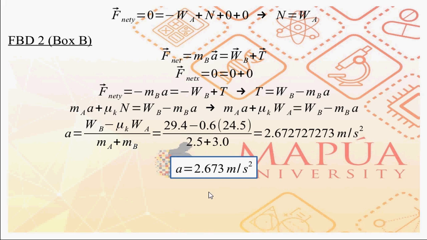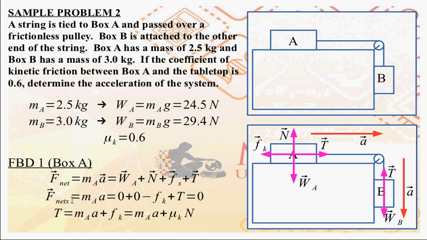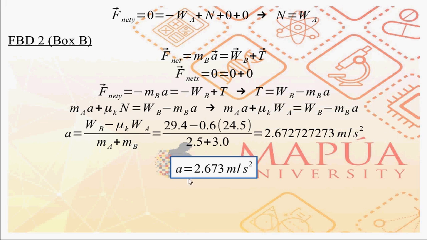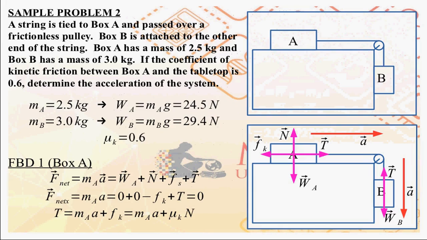Now, our derivation has resulted in a positive acceleration, which means the assumption that we made for the direction of the acceleration was correct. If this turned out to be negative 2.673 instead of positive, that would mean the direction we assumed was wrong.